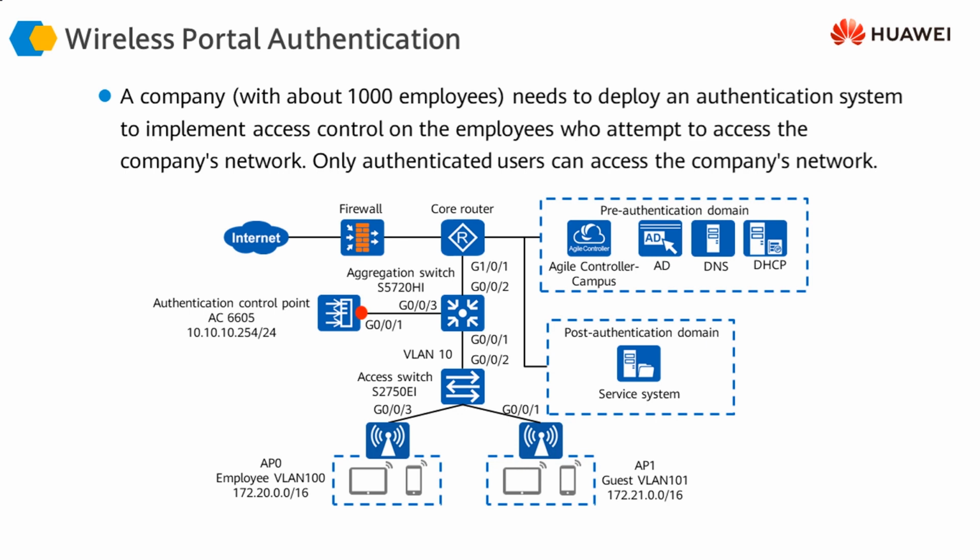The access controller is acting as the point of authentication, and all the portal authentication services are going to be provided by the access controller in collaboration with the agile controller, which is sitting in the pre-authentication domain.